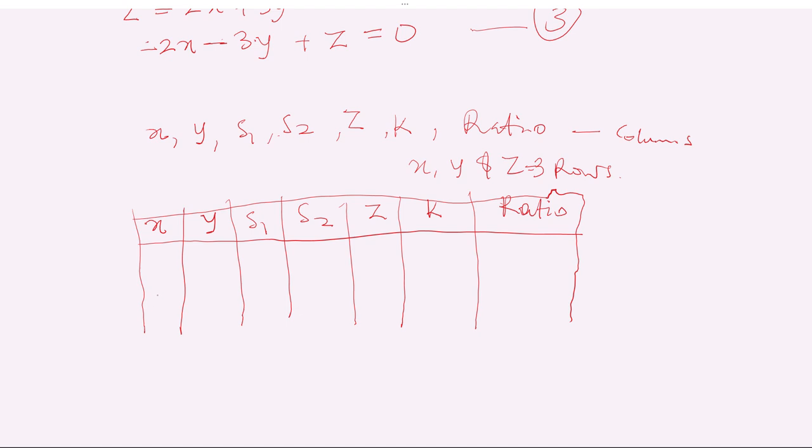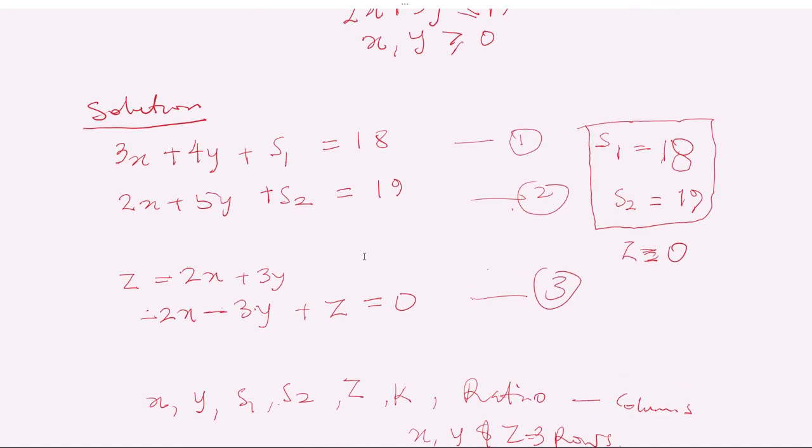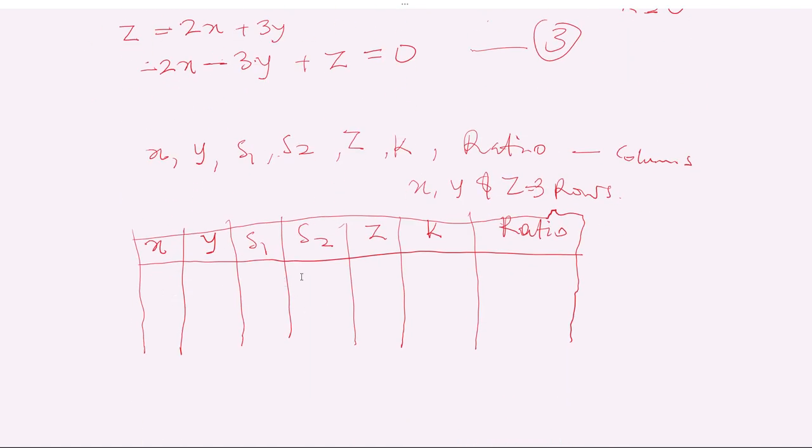If we go back a little to our equations, we can see the coefficients of x, y, S1 and S2 in each of these equations. So here the coefficient of x is 3, y is 4, S1 is 1, S2 is 0, and the rest. Since we have three rows, let me demarcate them.